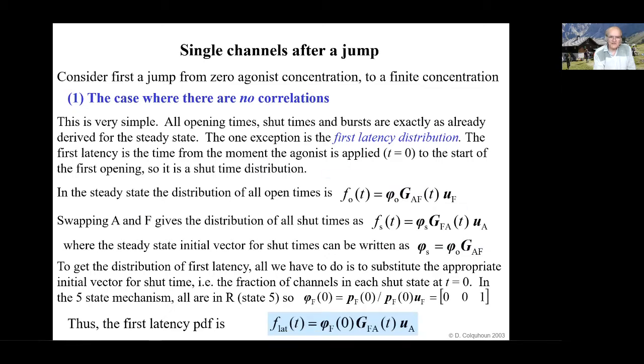So the first latency probability density function is simply the open time distribution, except that instead of starting off with the equilibrium vector, we start off with this one, 0, 0, 1. So it's actually simpler than before.